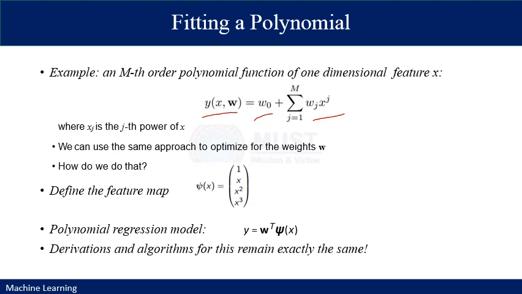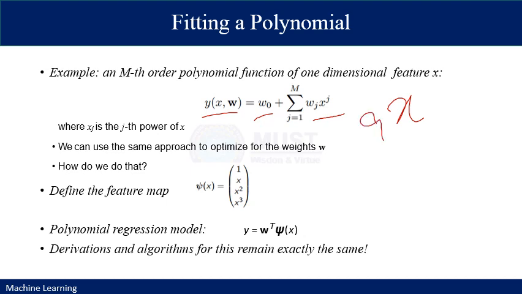That means we can use different powers of input features or different combinations of input features. So in this example, we have x of j, w of j, where x of j is the jth power of x and w of j is the vector of weights, or in polynomial terms, the coefficients.